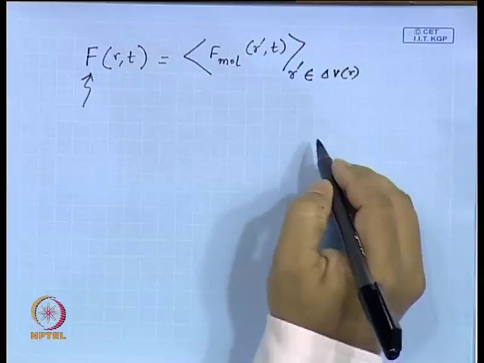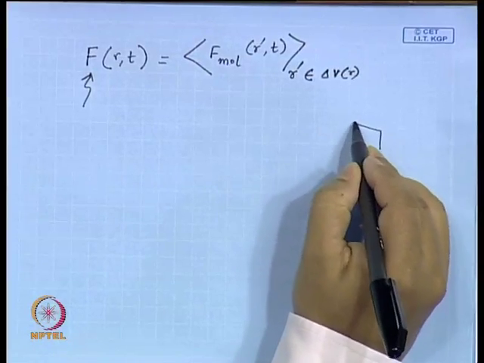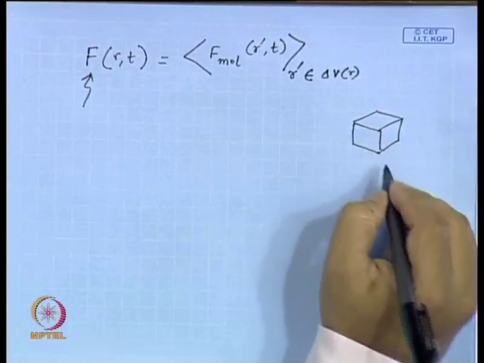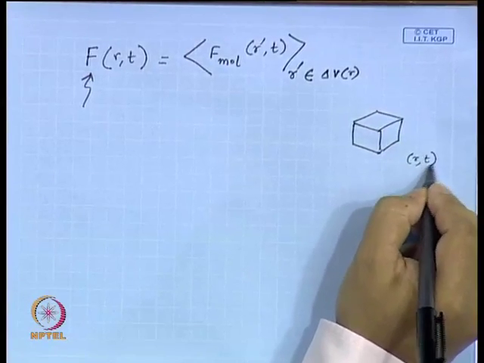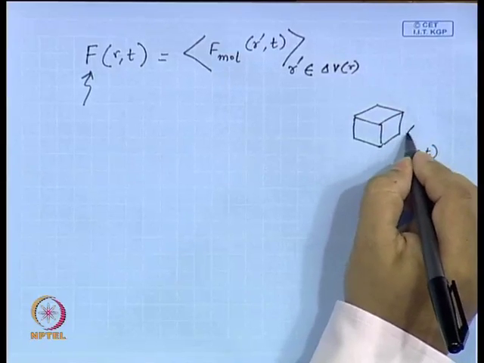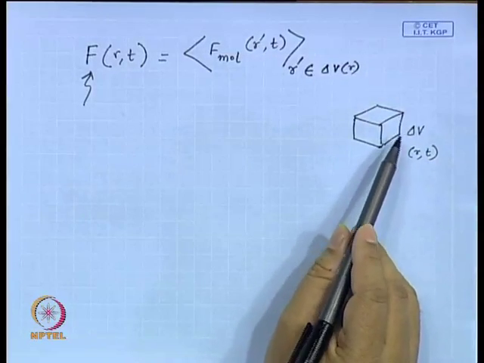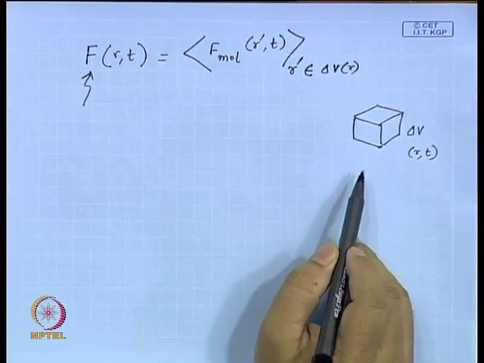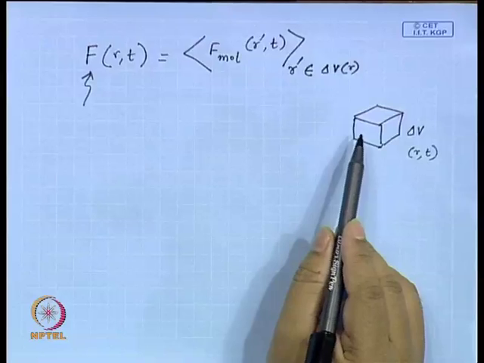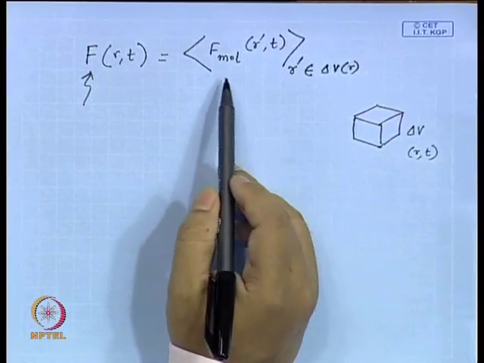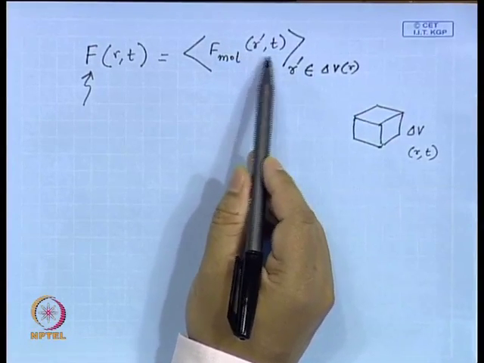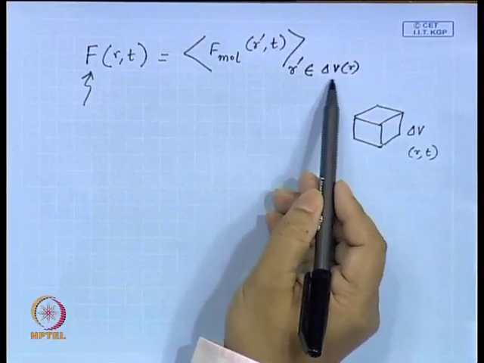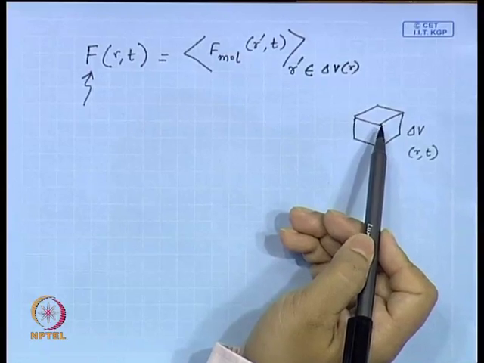All right. So, what you are doing is picking up a volume which is at position r at time t, and that volume is delta V. Within this liquid volume, the molecules that are there, you take them as f. So, the corresponding molecular property is f molecular of r prime, t, and that position r prime belongs to this volume element.